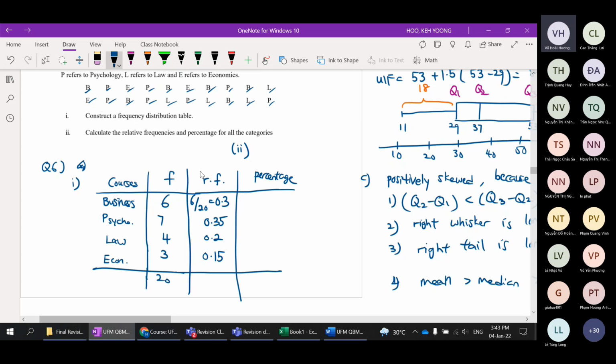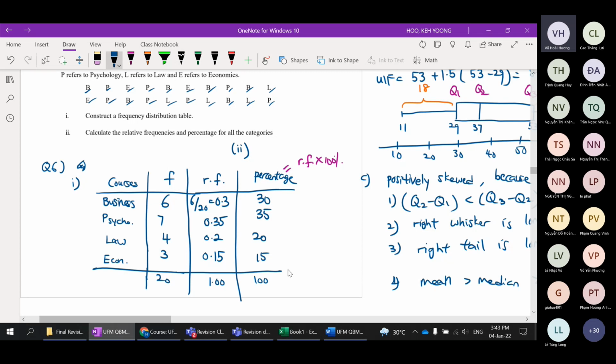Your total relative frequency should get around 1. Okay, percentage. How to get a percentage? You take the relative frequency times 100%. Easy as that. So you get 30, 35, 20, and 15. So you get 100% in total.